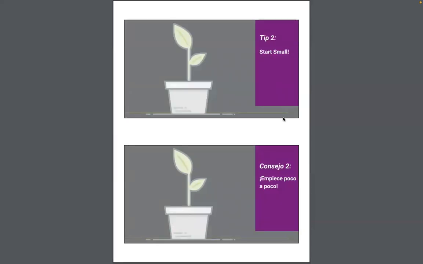All right, let's go ahead and dive into tip 2. And this is to start small. We learned from a human-centered design studio out in Chicago that you might have heard of, called Greater Good.